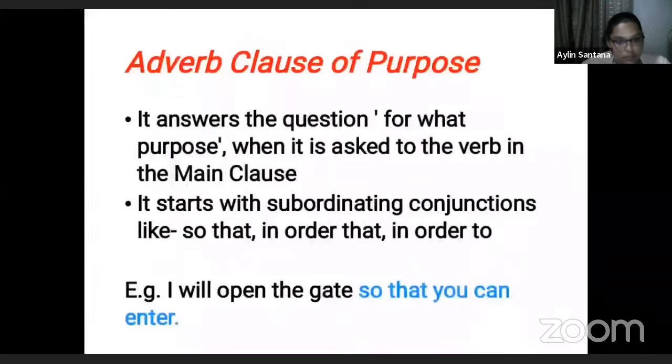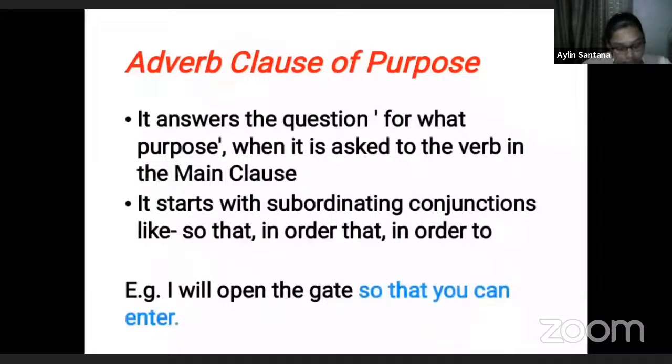This adverb clause of purpose answers the question for what purpose when it is asked to the verb in the main clause. Again, in that sentence, to the main clause verb, if we ask the question for what purpose, then the answer we get is our adverb clause of purpose. See the example, I will open the gate so that you can enter.